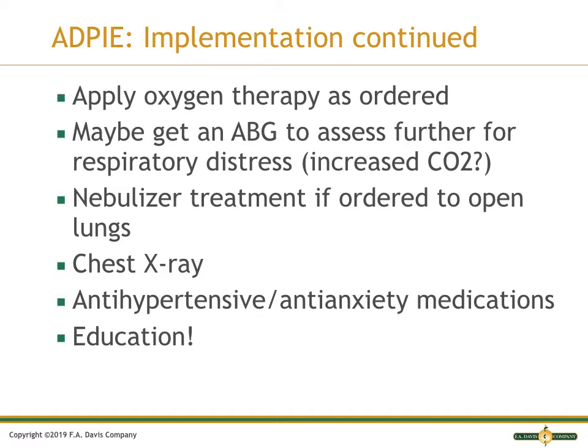ABG is an arterial blood gas, which gives us more information about the actual gases inside the bloodstream. I wouldn't worry about that right now, but this is something you will see again in the future. Nebulizer treatment or breathing treatment, if ordered, to open up the lungs. Maybe they need a chest x-ray. Oh, and their blood pressure was high, and I forgot to mention that. Antihypertensives and maybe anti-anxiety medications. And then you educate.